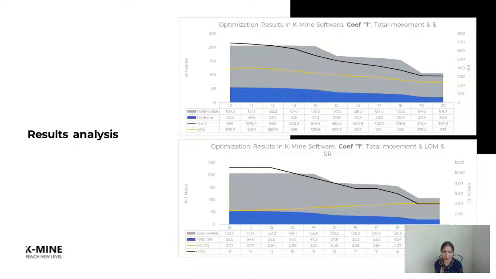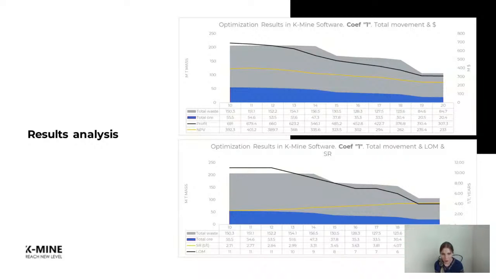So the amount of ore varies from 55.5 to 20.4 million tons, overburden from 150 to 84 million tons, profit from almost $700 to $307 million, and NPV from 392 to 223 million.